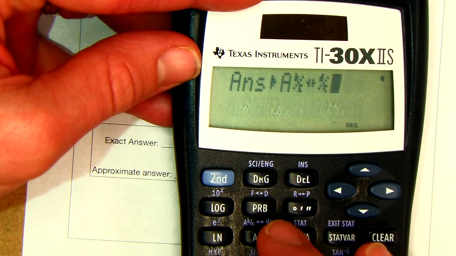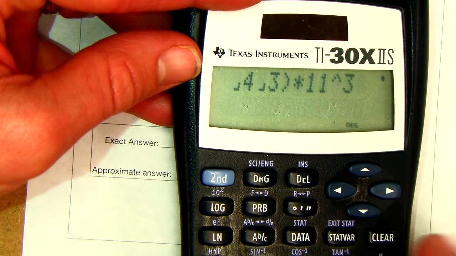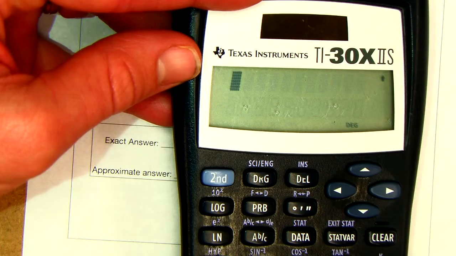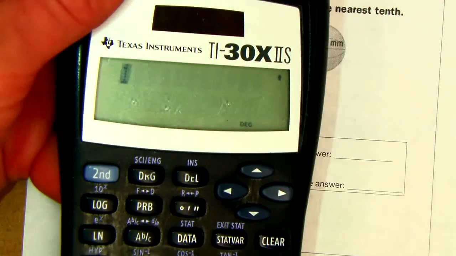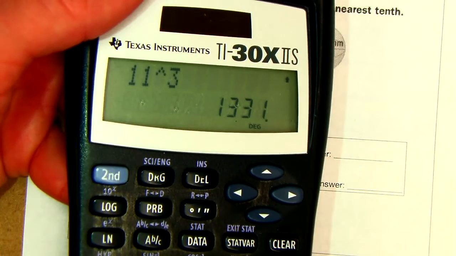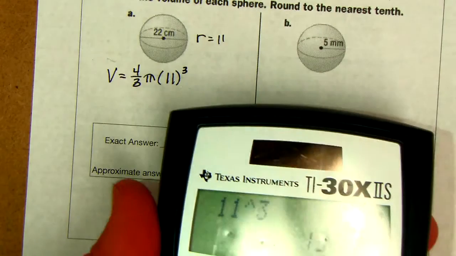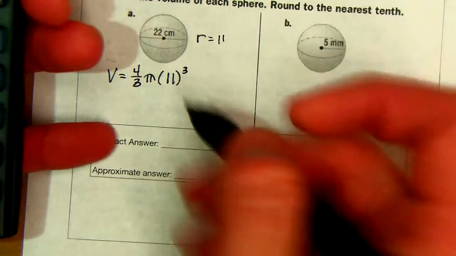So let's see here. 11 to the 3rd power. I think because the number is so big, it's giving me, and then I'm going to take it times 4. So I'm going to get 5,324 over 3 times pi.